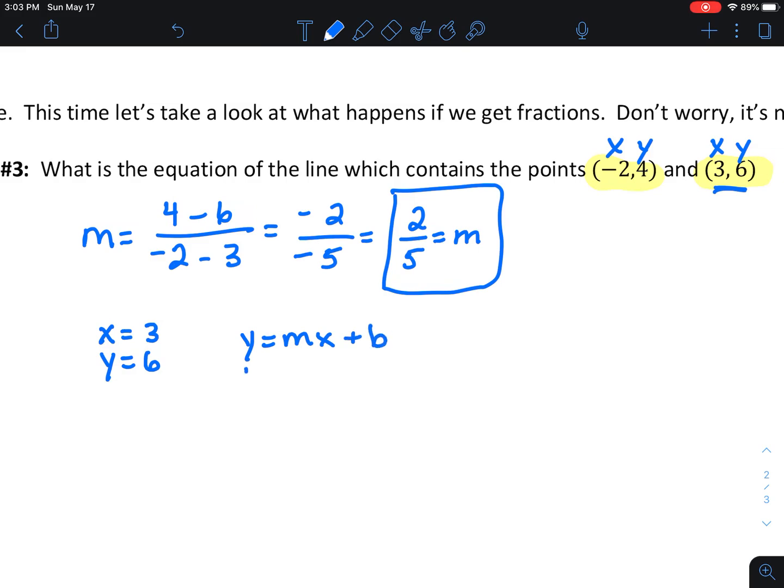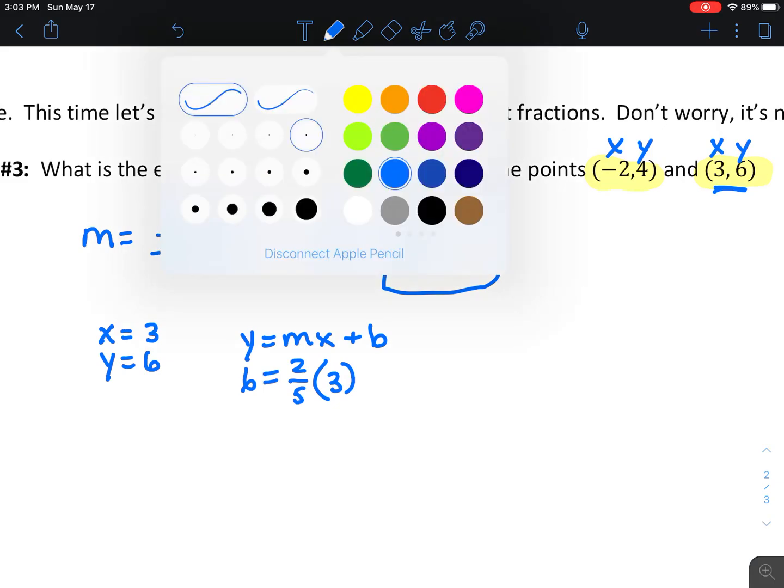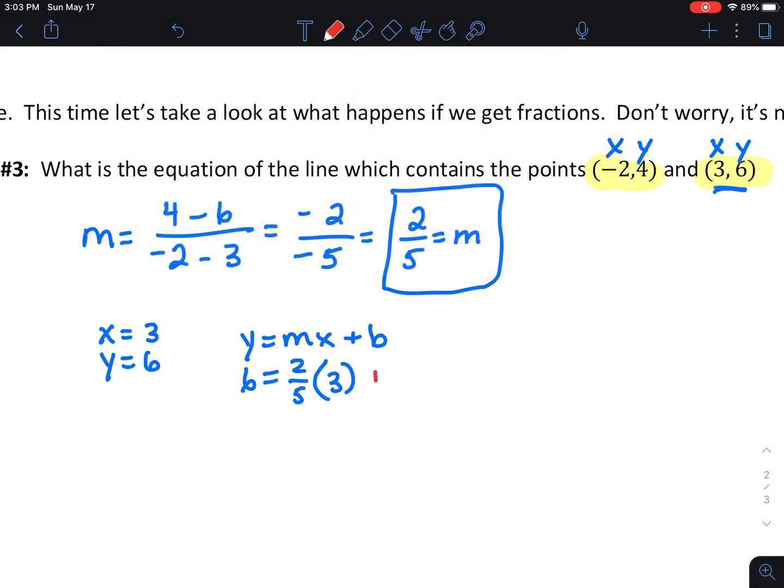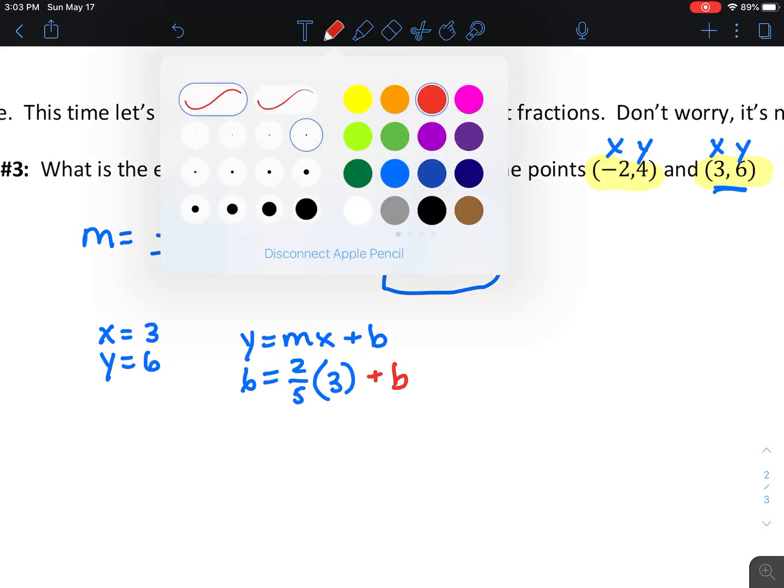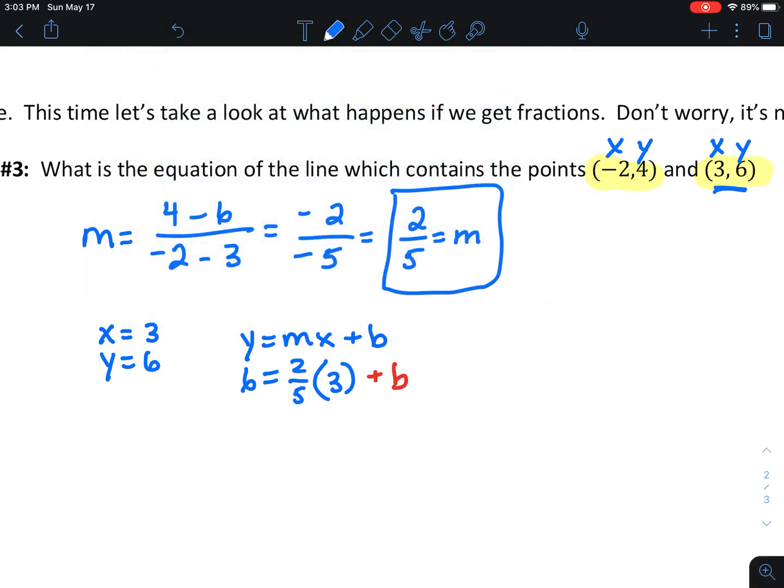A little substitution gives us 6 equals 2/5 times the x, which is 3, and remember this step, plus b, okay? So simplifying and isolating b. Now, 6 is equal to 2/5 times 3. What's 2/5 times 3?